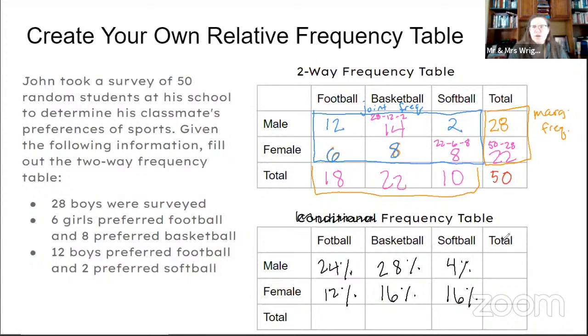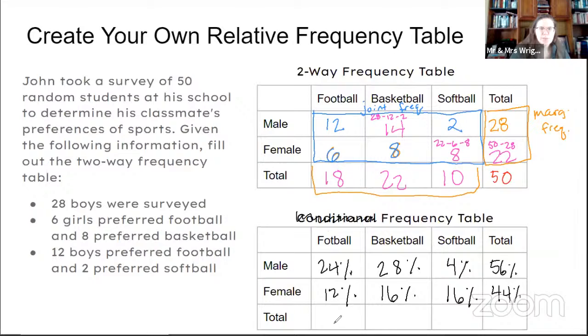All right, so our marginal frequencies. We're going to do the male marginal frequency, 28 divided by 50 is 56%. I'm going to go ahead and check that. 24 plus 28 plus 4 is 56. So that's correct. My female marginal frequency is going to be 22 divided by 50, which is 44%.